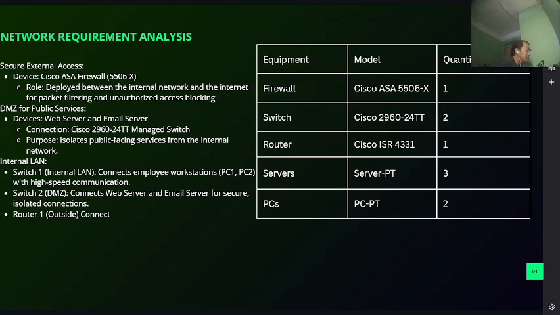The internal LAN uses two switches, where switch 1 connects to employee PCs for high-speed communication and switch 2 connects to the web and email servers in the DMZ. Router 1 handles the external connection to the internet.